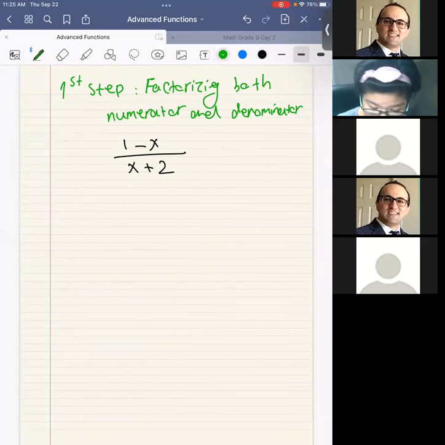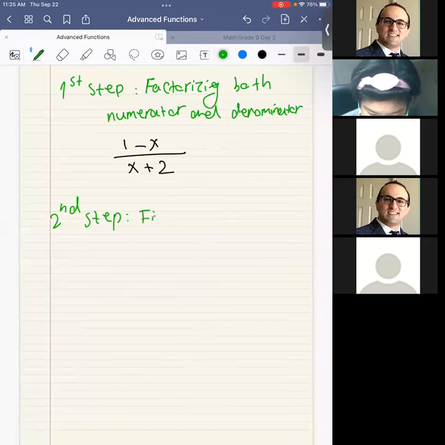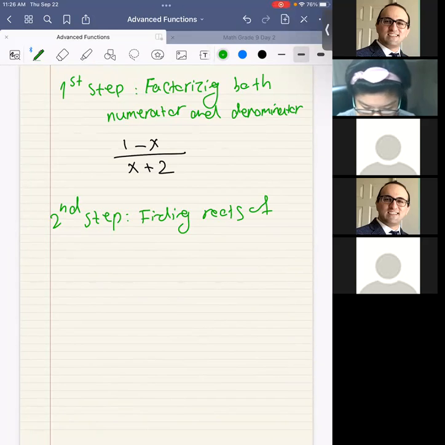So the second step is to find the roots of the denominator and numerator. That means finding the roots of both numerator and denominator.